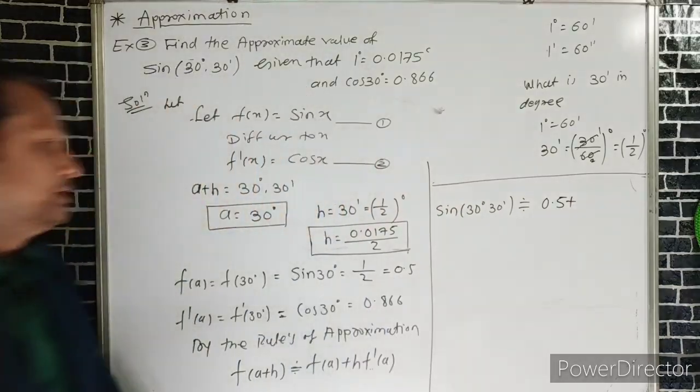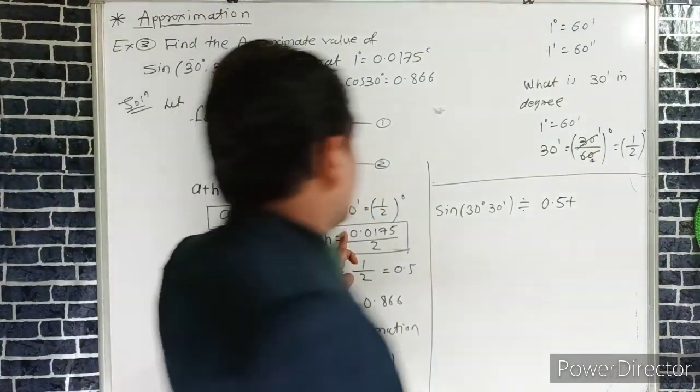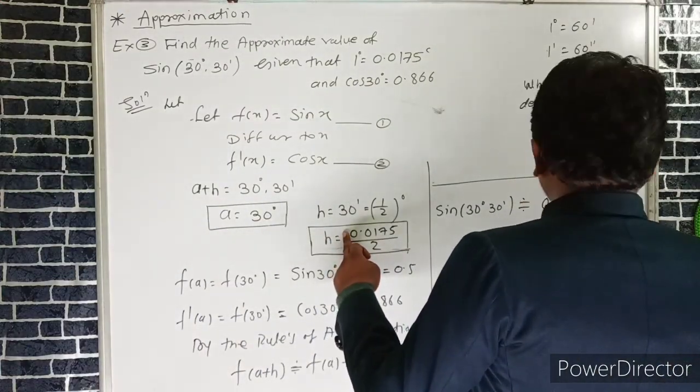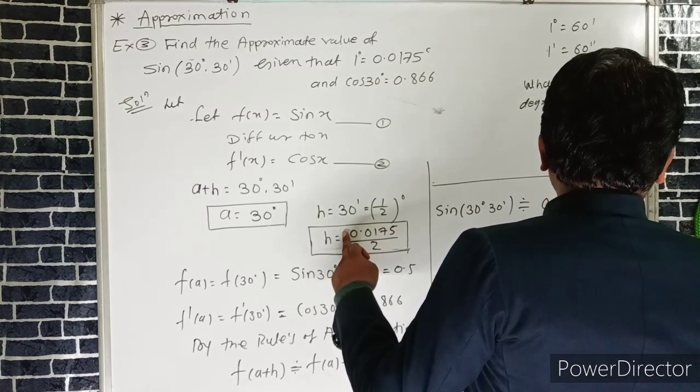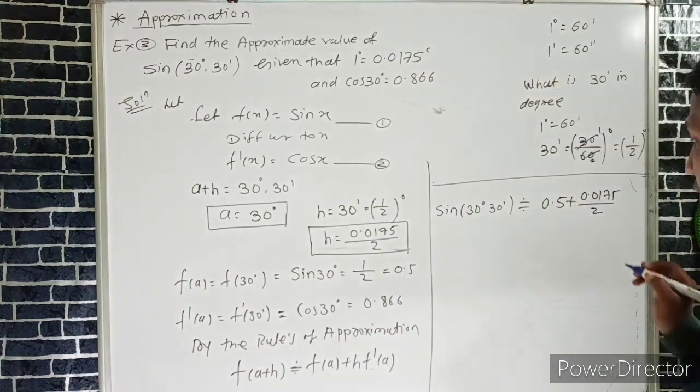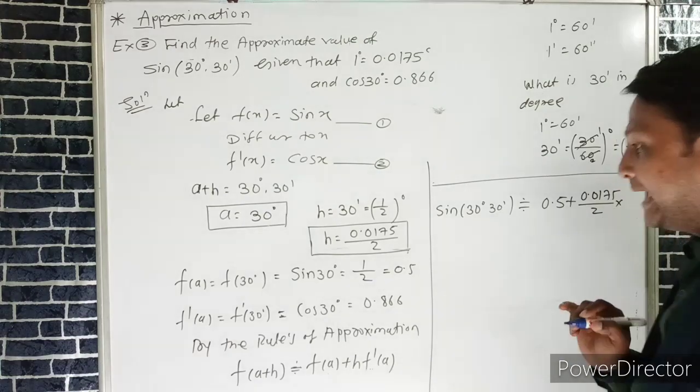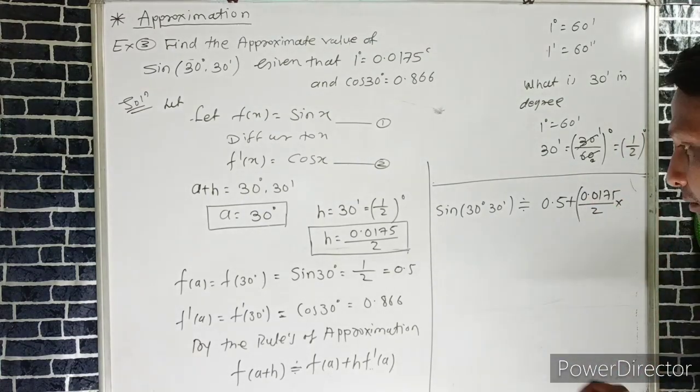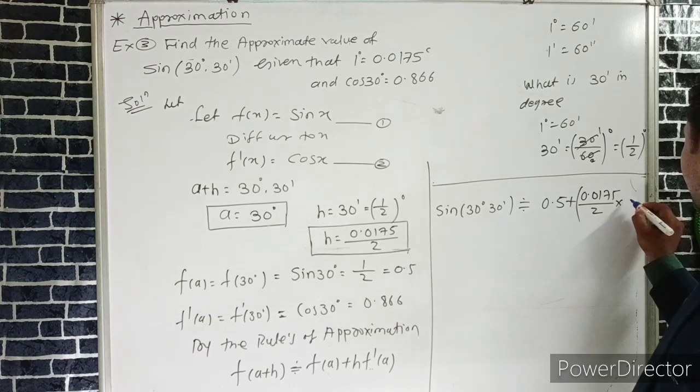plus h, which is a very small increment, 0.0175 upon 2, into the value of f dash of a. The value of f dash of a is 0.866.